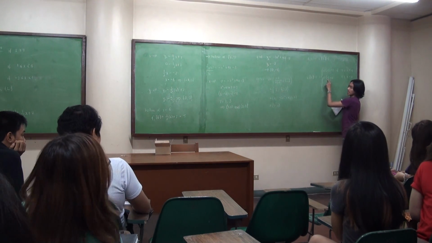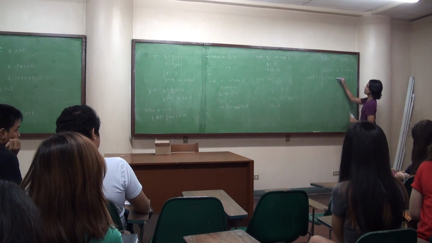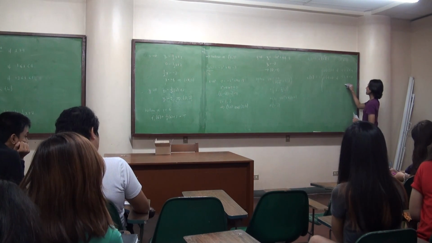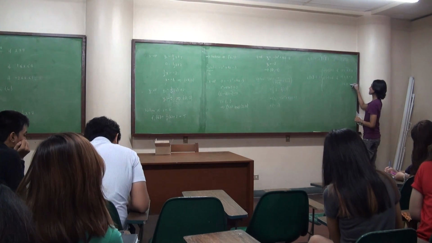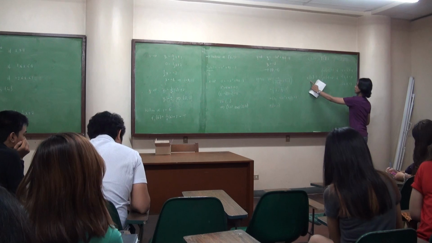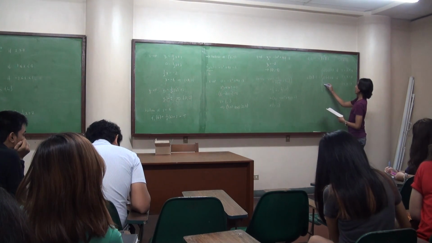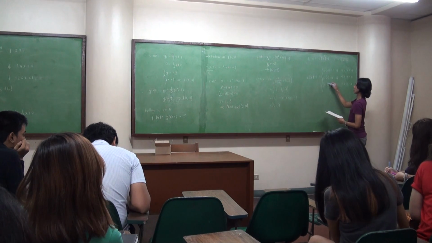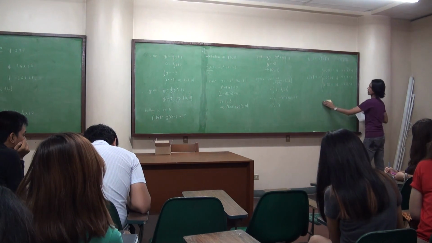Integer ang pinapalit sa kanya. So negative 1, ito yung value niya. Now, next, greater than or equal to 0 but less than 1. So this one would be x times 0 minus 1 if we have this one here.